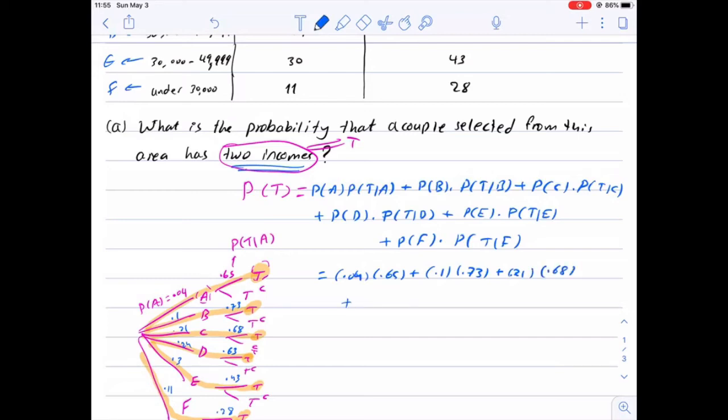On the fourth branch we have 0.24 times 0.63, plus 0.3 times 0.43, plus 0.11 times 0.28. If we find the sum of these, we get 0.5528, and that's the probability that the selected couple has two incomes.